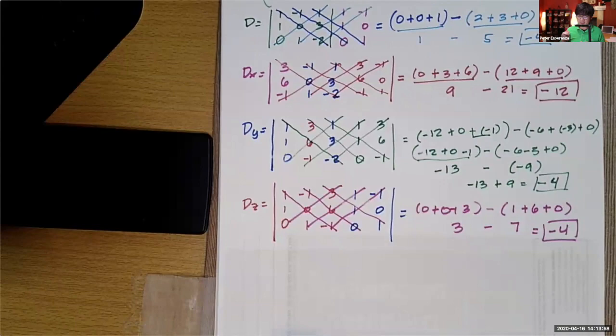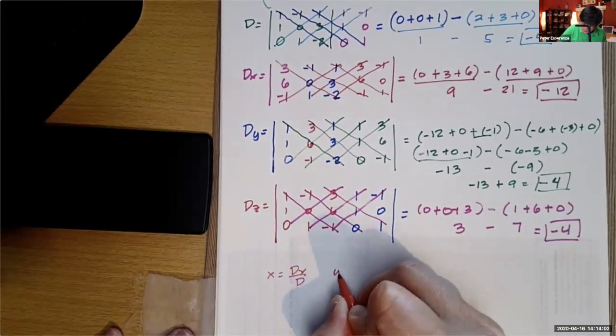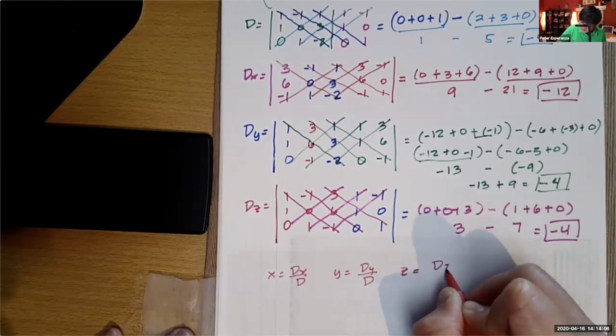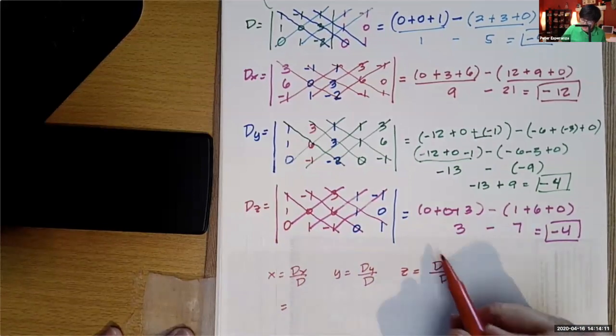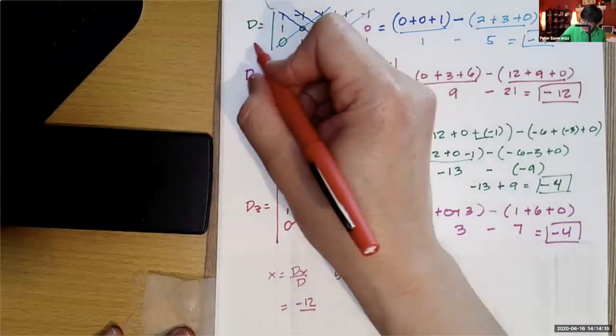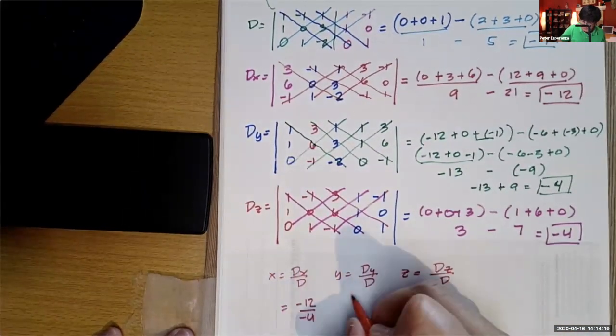X, Y, Z. X is dx over d. Y is dy over d. Z is dz over d. So we have dx negative 12 over d negative 4, which is equal to positive 3.